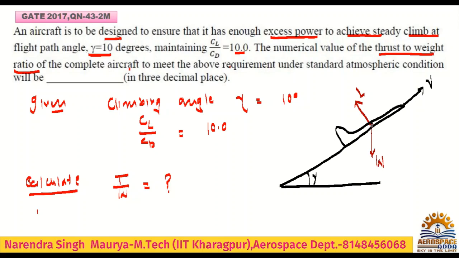This is the gamma climbing angle, so this will also be gamma. So this component will be W cos gamma, and here this component will be W sin gamma.